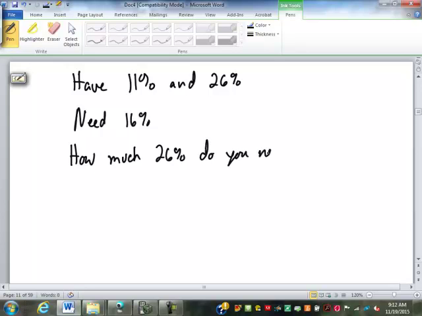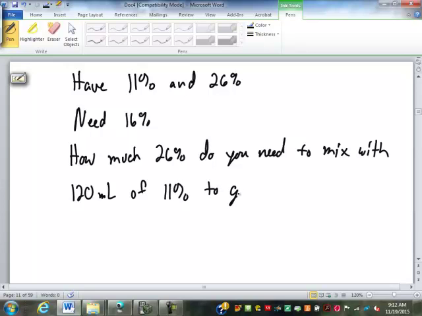How much 26% do you need to mix with 120 milliliters of the 11% to get to the 16%?